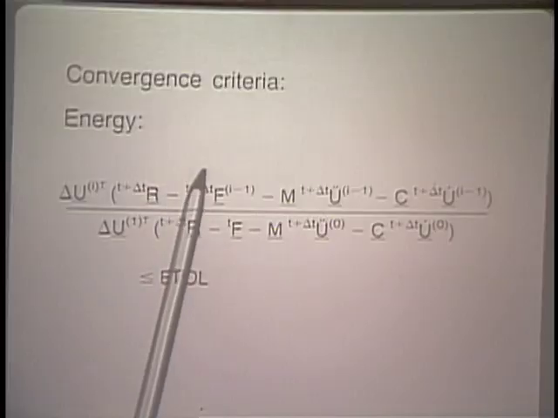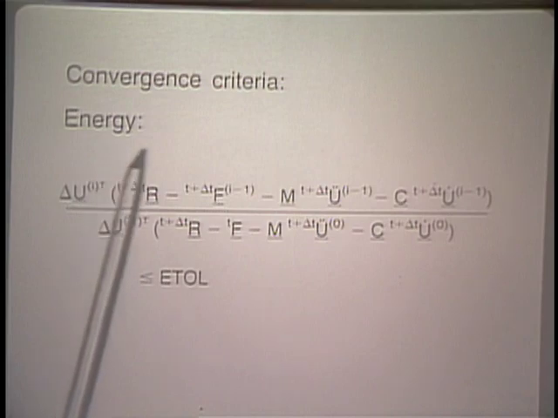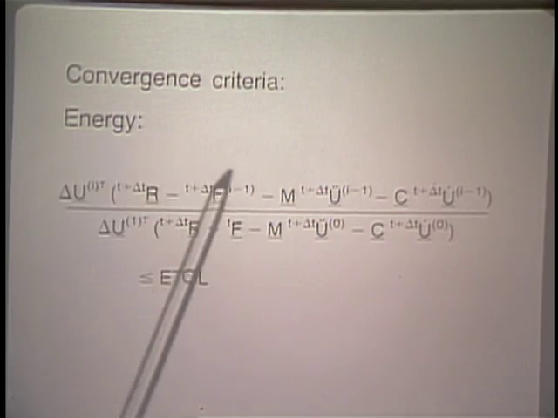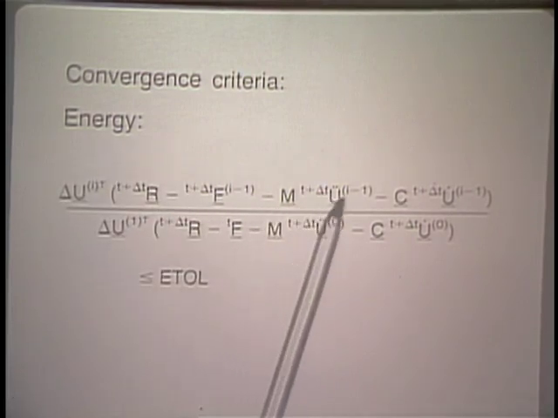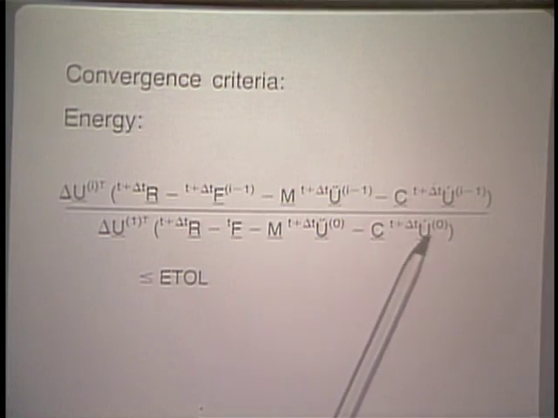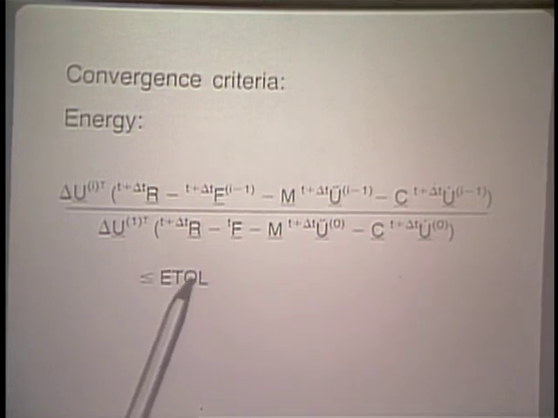The convergence criteria that we are using are basically the same that we have seen already in static analysis in an earlier lecture. In static analysis, we only included this term here. In dynamic analysis, we now include the mass and damping terms in our energy criterion.